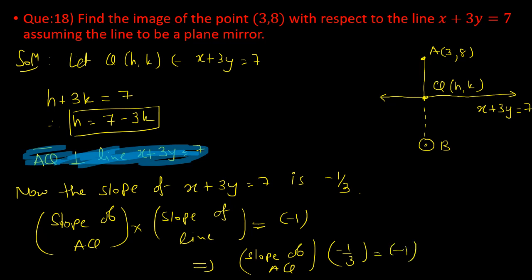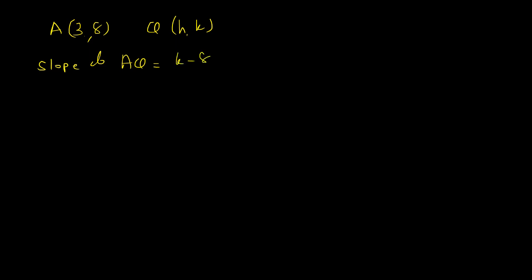Let me go to the next slide. So now slope of AQ, you know the coordinates of A, that was 3, 8, and coordinates of Q was h, k, which we have assumed. So slope of AQ is equal to, can I write, y2 minus y1 upon x2 minus x1.